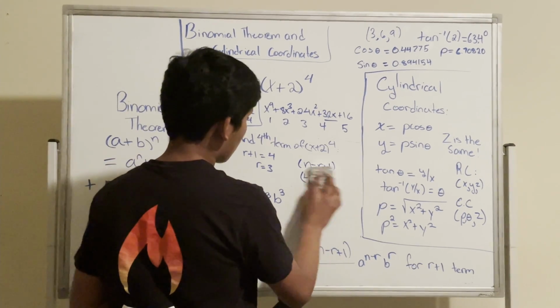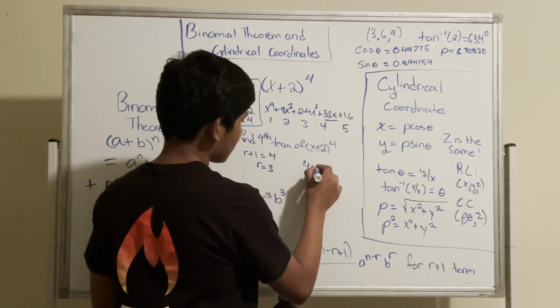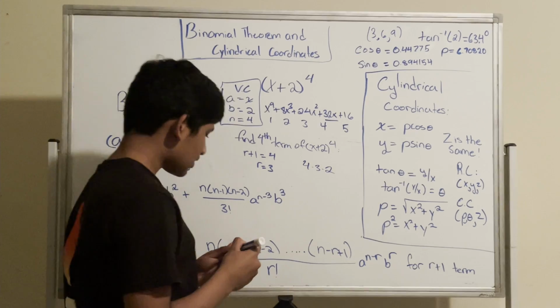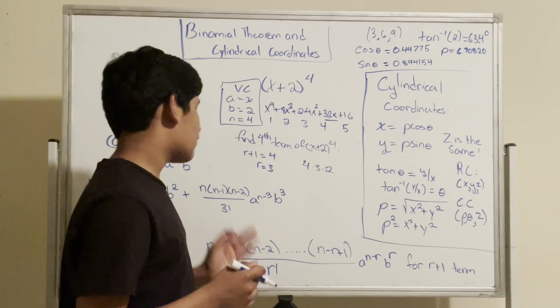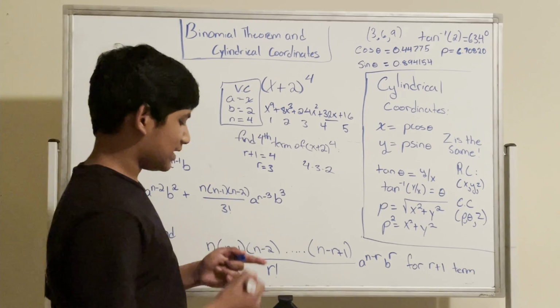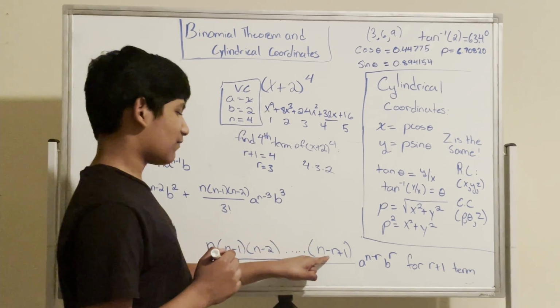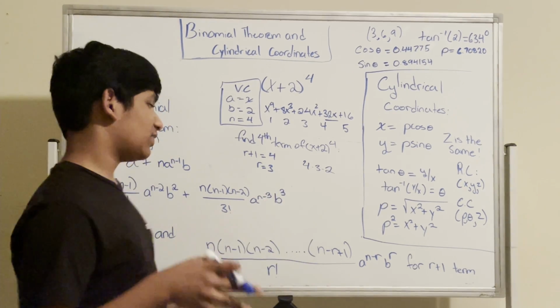So 4 times 3 times 2. How do we get this? Well, n is 4. 4 minus 1 is 3. 4 minus 2 is 2. We're going to stop at 4 minus 3 plus 1, which is 4 minus 2, which is 2. So we stop right there.